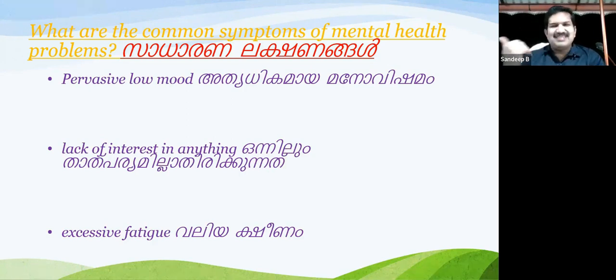Anhedonia means lack of interest. So lack of interest in any previously pleasurable activities, that is anhedonia, lack of interest, and excessive fatigue. They feel like lying down all the time, excessive tiredness, and easy fatigability, decreased energy levels. So these are the 3 cardinal symptoms of depression.